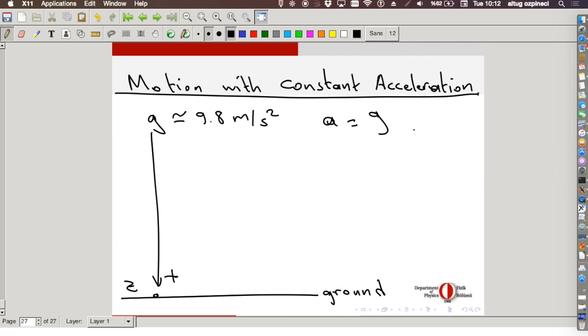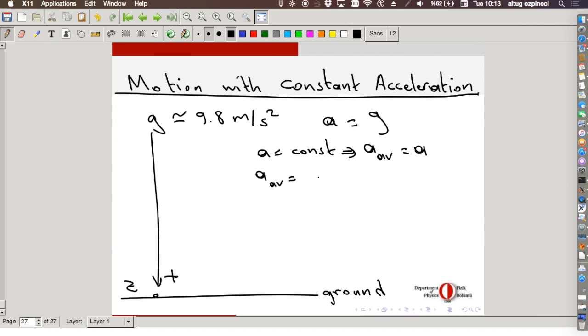So since the acceleration is constant, we know that its average is also equal to our acceleration. We know the definition of the average acceleration.